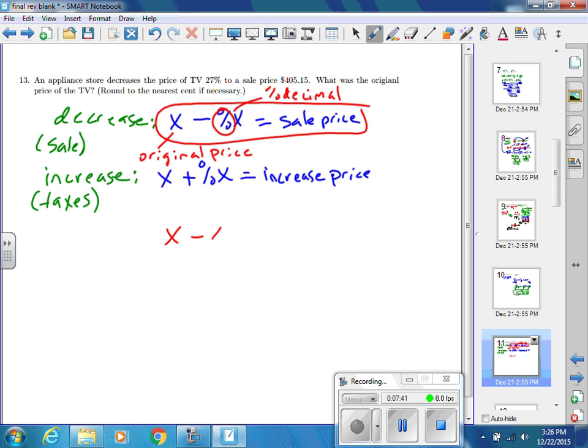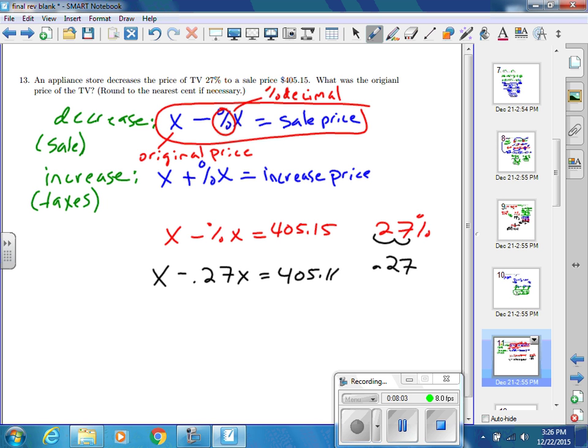So we're going to use this formula: x minus percent x equals 405.15. I know that this is 27%. 27% as a decimal, you move your decimal point over twice, is 0.27. So x minus 0.27x equals 405.15.